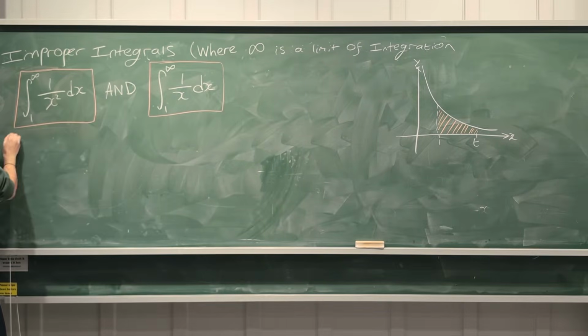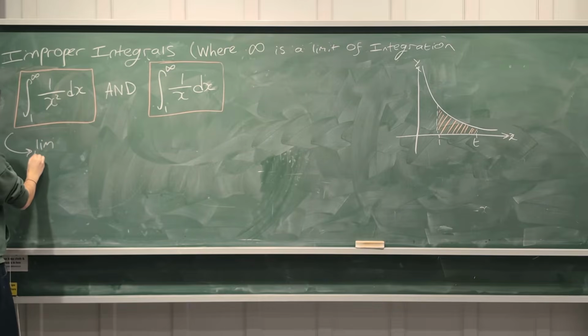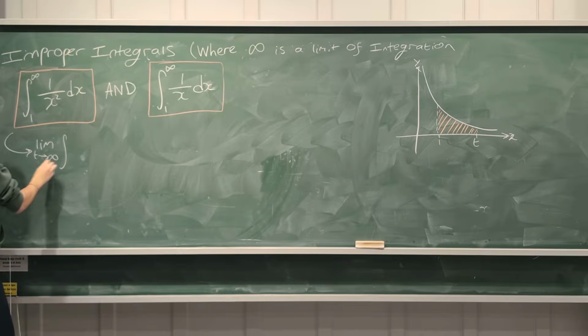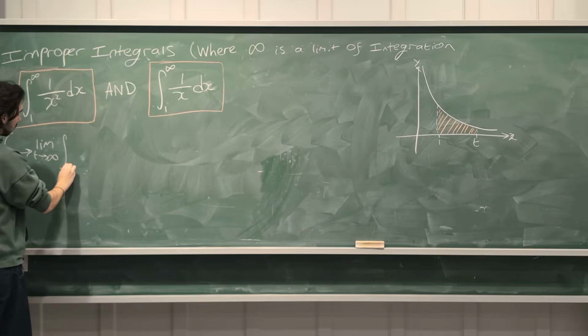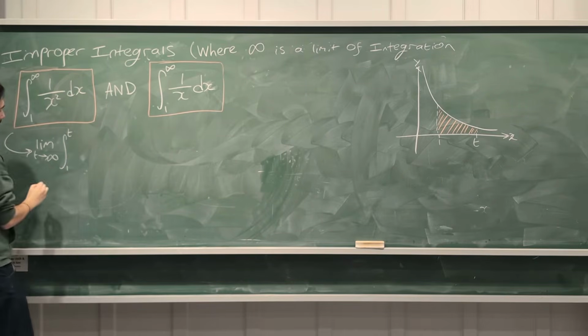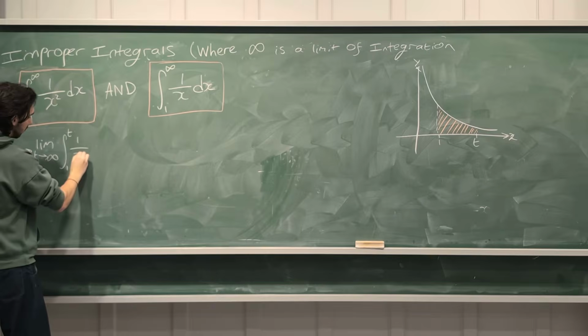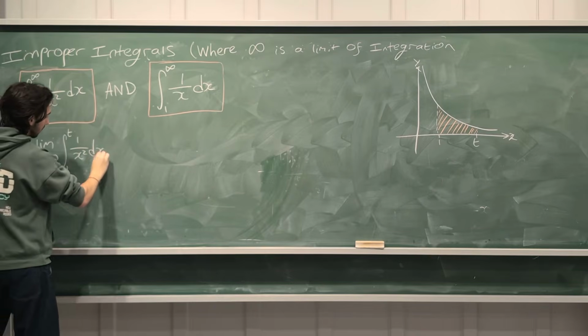So for this one, we're going to write the limit. Always write the limit, guys, it's really important. You've got to write the limit every time. The limit as t approaches infinity of the integral from 1 to t of 1 over x squared with respect to x.